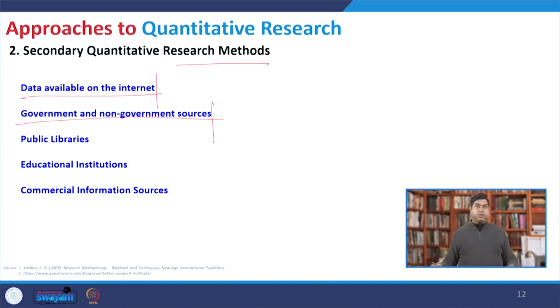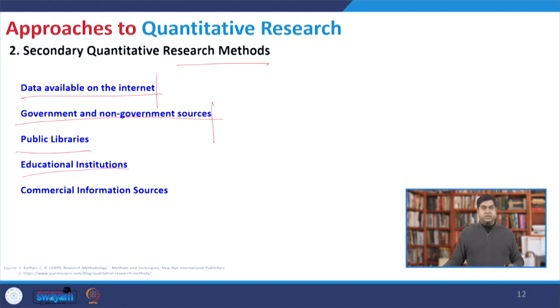We'll discuss in upcoming lectures the issues with the data, which are very problematic for conducting further research. It may be public libraries, where you go for books, journals, etc. But in today's time, the internet is with us, and there are various open sources, sites and other things, from where you can get the information and use it.